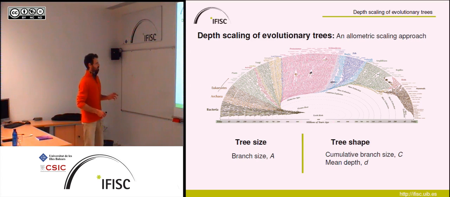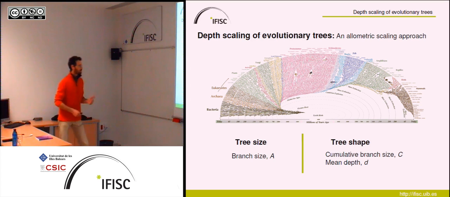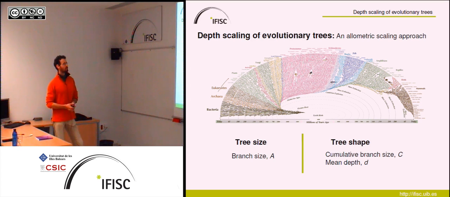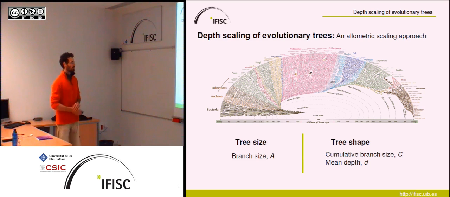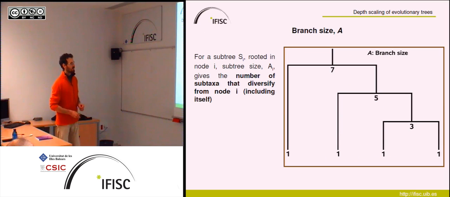And for this, we proposed a measure for the characterization of the tree size, and we call it branch size, or A. And we proposed also two different measures for the characterization of the tree shape. One is the cumulative branch size, and we will call it C, and the second is the mean depth, or D.